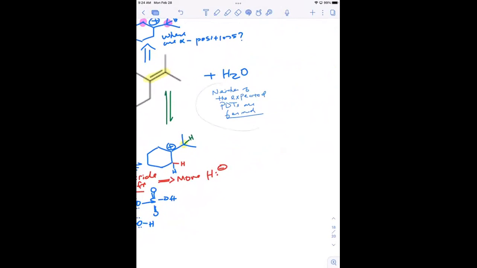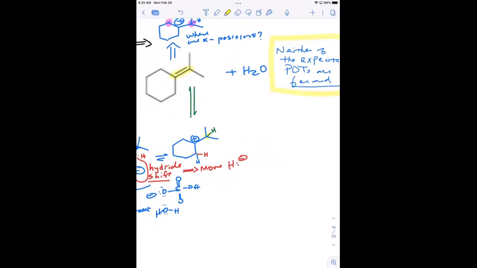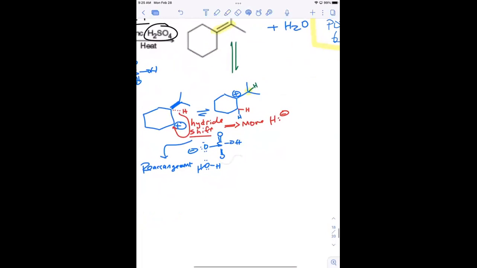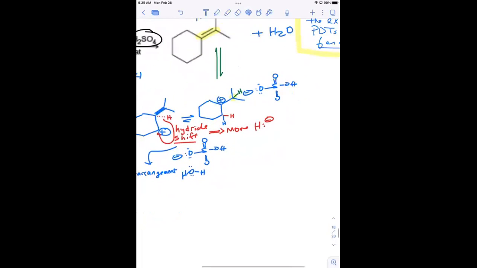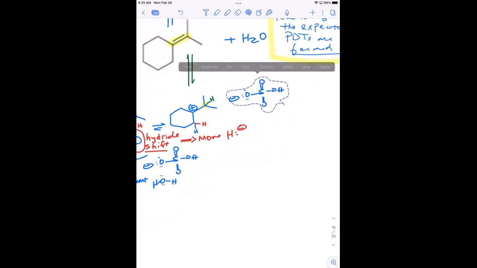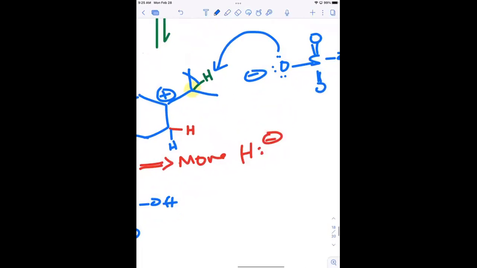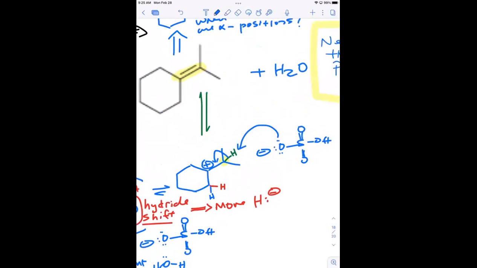We used the conjugate base, right? So we're going to do the same thing here. We're not going to do anything new. We're going to take the conjugate base of sulfuric acid, put it here, and just do proton transfer, same way we would do under any other circumstance. Take a pair of electrons and give it here. Take this pair of electrons and put them here. And that will give us that product.